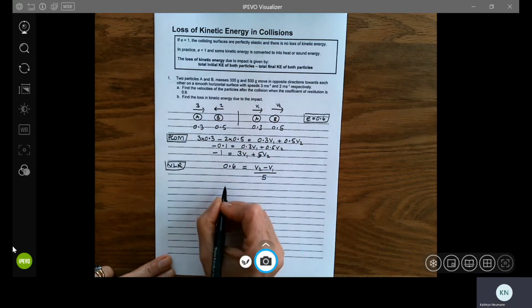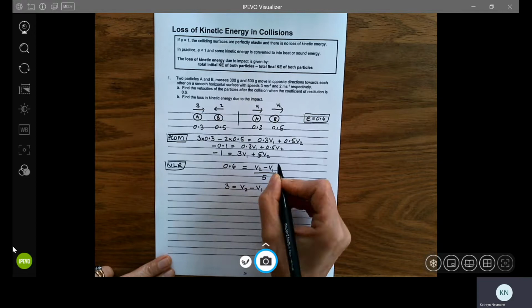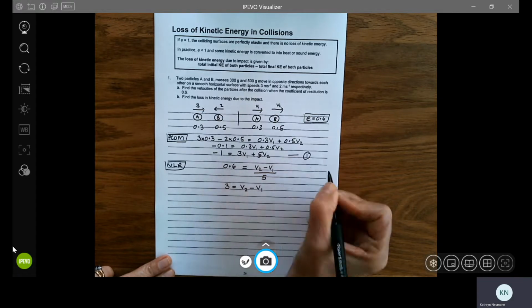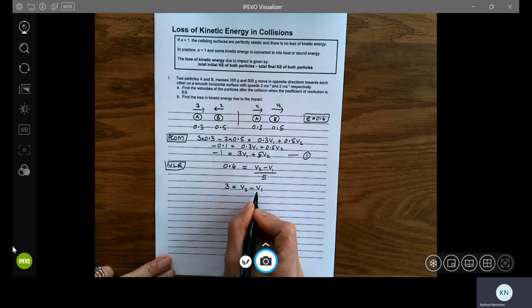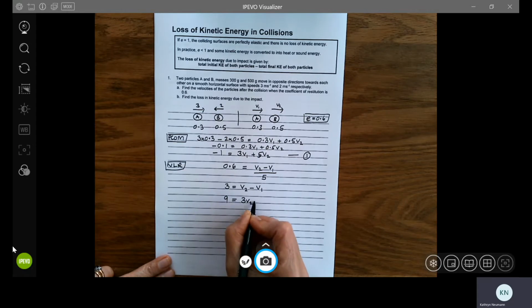Multiplying up by 5, I get that 3 is equal to V2 minus V1. I'm going to want to combine these two equations, so I'll call that equation 1. I'm going to multiply this equation by 3, so that I can add the two equations easily. So I've got 9 is equal to 3V2 minus 3V1.